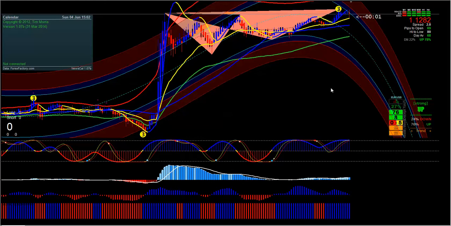As you can see here, when the market closed this past Friday, this particular pair was a 76% upward trend and 24% in a downward trend, because of course this candlestick right here. Okay, so when we get alerts, we not only look at the overall trend using the trend indicators.